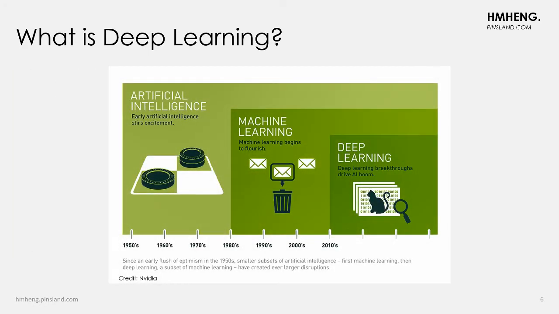This is the graph that NVIDIA showed us. In the 1950s we already had AI, but it was a very early stage and not as smart as today. When the 1980s came, machine learning got booming, and more and more people took data into machine learning and did predictions, data mining, and all these things.